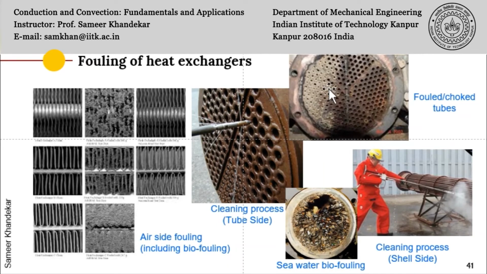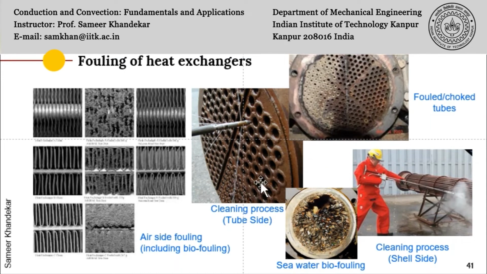You need high pressure water jets, high pressure pumps, and a very strong directed flow, which can actually remove this type of material which is sticking to the metal. You may also need to circulate some acid, or some chemical treatment has to be done.